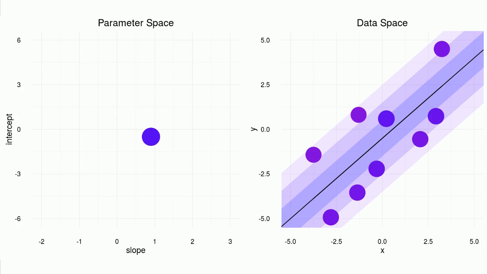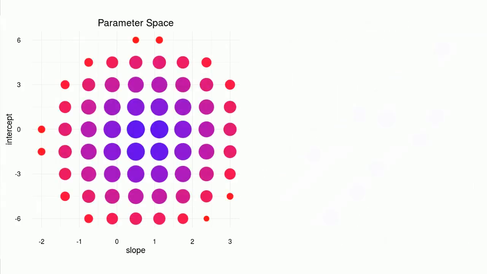Instead of searching through parameter space for a best parameter combination, we could evaluate the likelihood of all parameter combinations, or at least a fine grid of combinations. So here we have the likelihood of the data given different combinations of intercepts and slopes, which can be written more compactly like this.